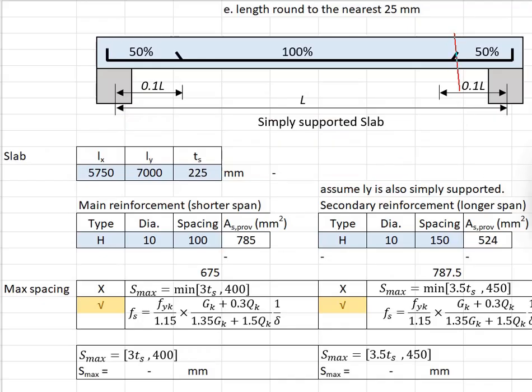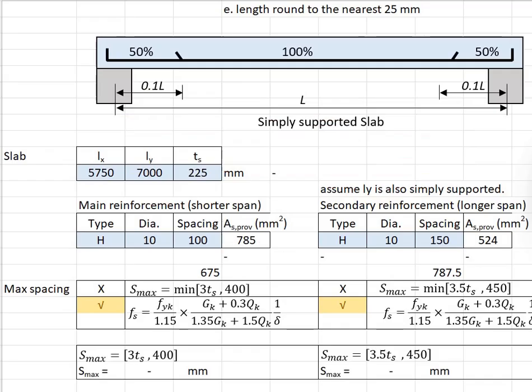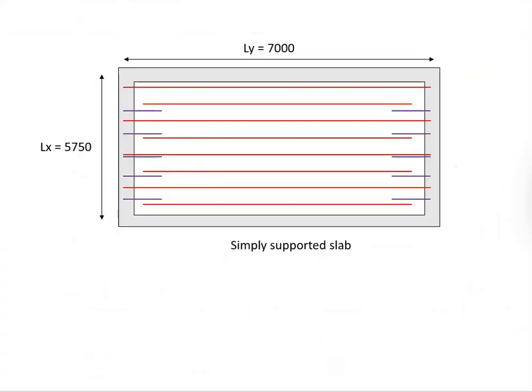Then you can do the curtailment. That means you're going to cut the reinforcement bar here, and from here onwards the bar spacing has been revised into #10 250. This 150 spacing and 250 spacing are not consistent. That means at the end of the day, the layout of the reinforcement bar will look something like this, near to the support.